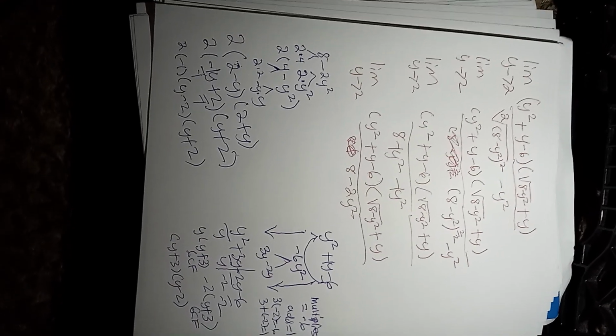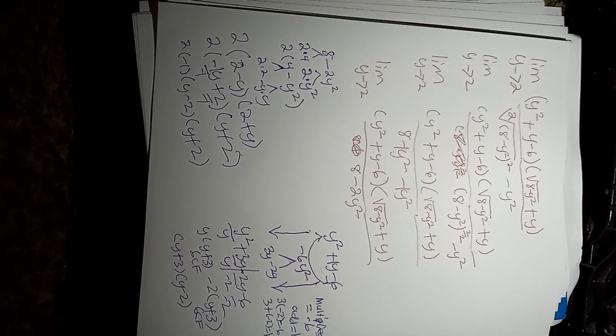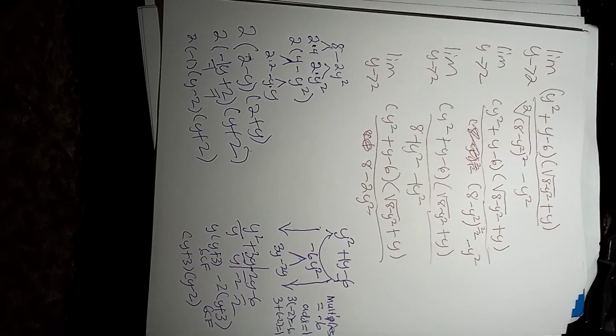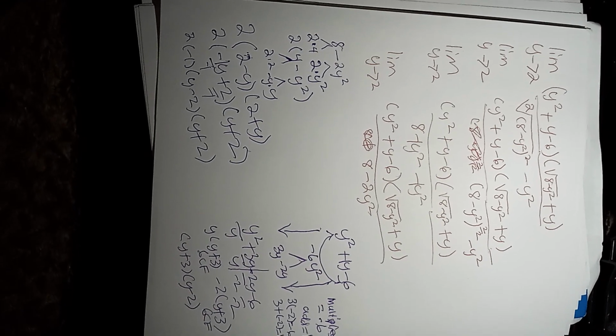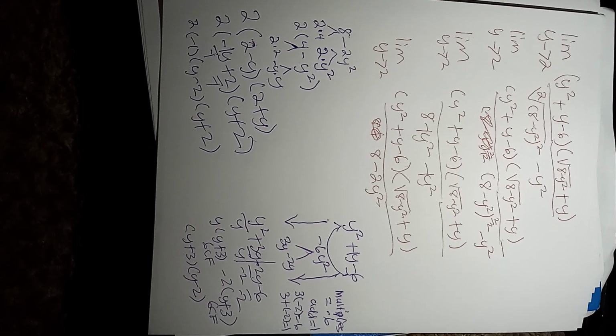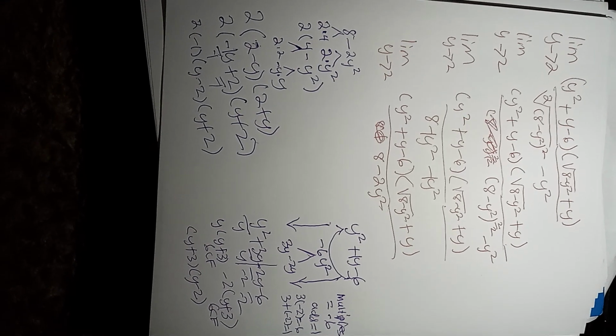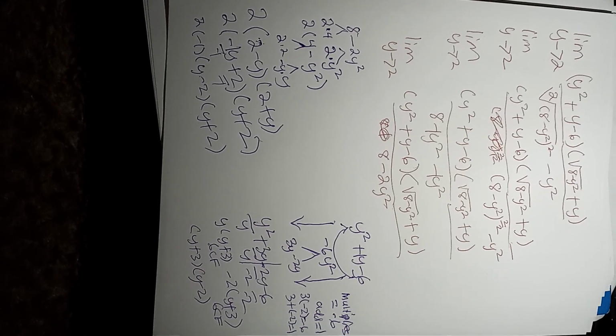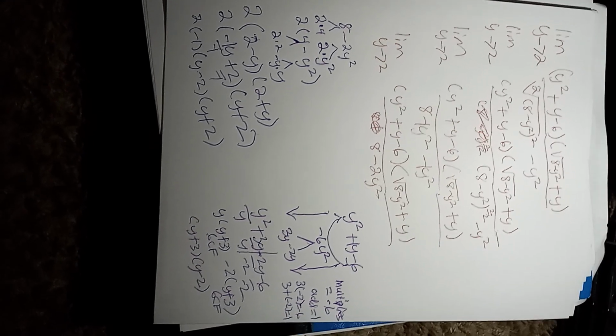So now we can replace things in the numerator in the form of y squared plus y minus 6, and in the denominator as well. Well, we were originally left with 8 minus 2y squared, and that ended up being factored to 2 times negative 1 times y minus 2 times y plus 2.